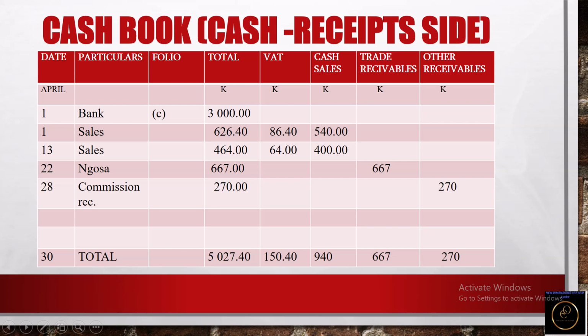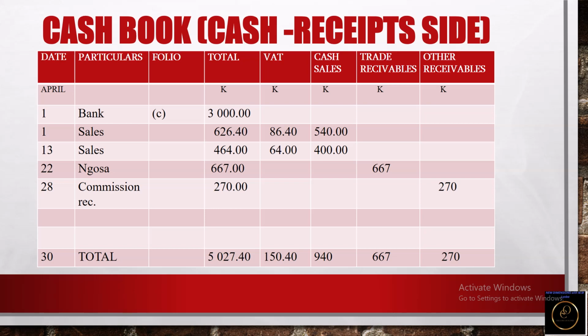So where applicable, we have to indicate the VAT amount, so that when it comes to the VAT account, we are able to use that to determine how much is the net VAT, whether it is net VAT payable or net VAT receivable. So net VAT payable will end up making us make a payment to the Revenue Authority.